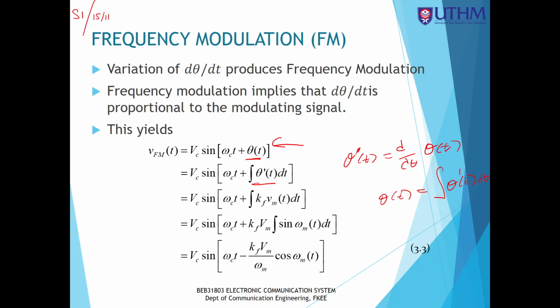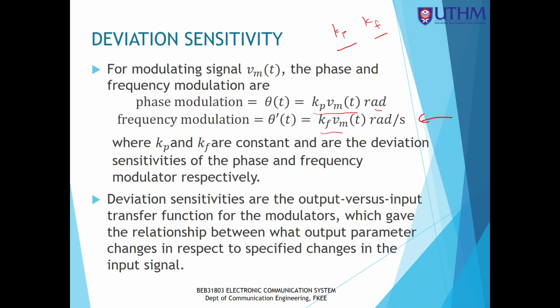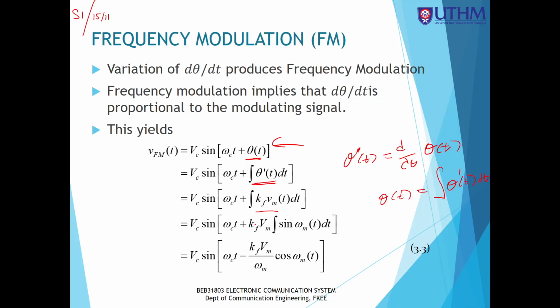So theta prime t is kf vmt, which is given in the previous slide. We put kf vmt inside, where vmt is vm sine 2 pi fmt. You can put vm and kf outside because both are constant parameters.